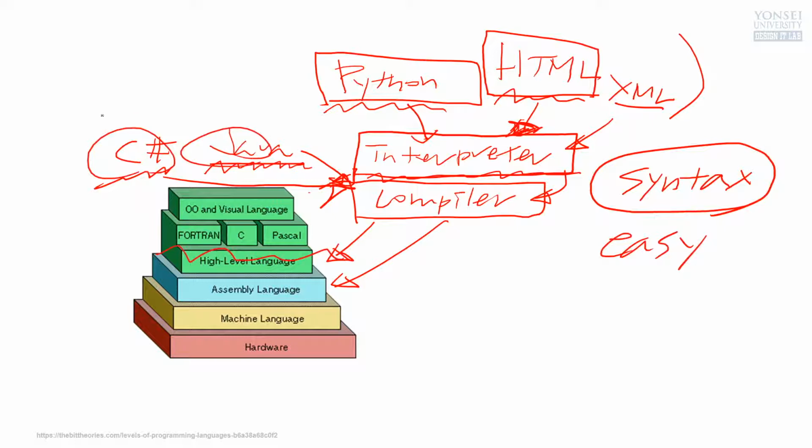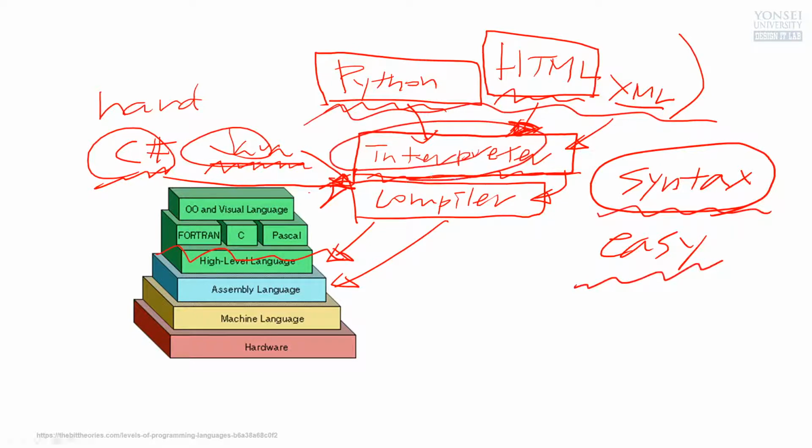Those are intermediate, or we can say hard to learn syntax, but these languages have very easy syntax, and they can be quickly and easily interpreted. That's the reason why I am talking about these languages. Nowadays there are a lot of easy to use languages.